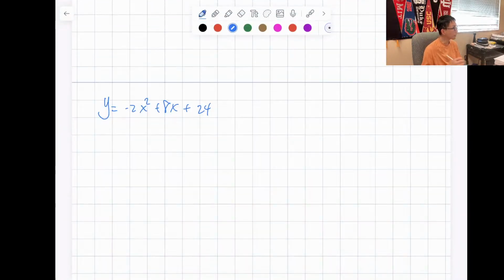Do you guys got vertex form yet? Sydney, did you get vertex form yet? Did you get axis of symmetry yet? Yes, you did? Okay.